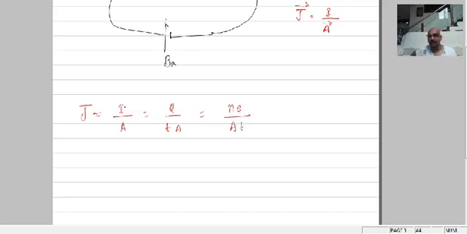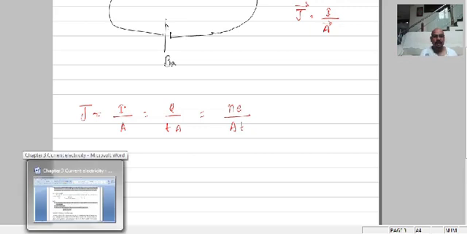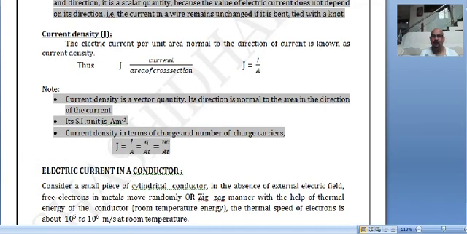J is equal to NEAT, with n e in the numerator and A t in the denominator. These are the other equations for current density. So current density is a vector quantity and the unit is ampere per meter square. And you can write current density in terms of charge, number of charge carriers and so on.